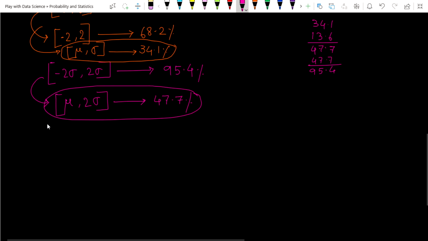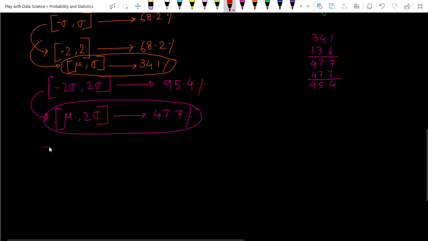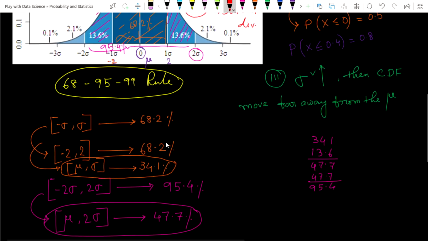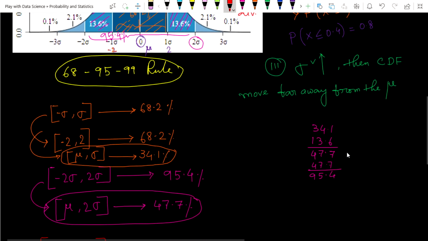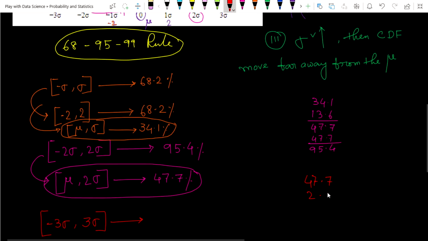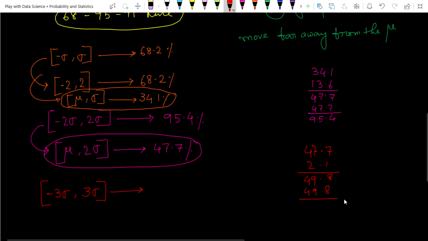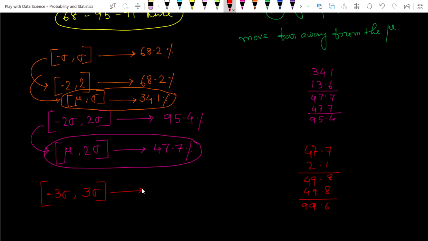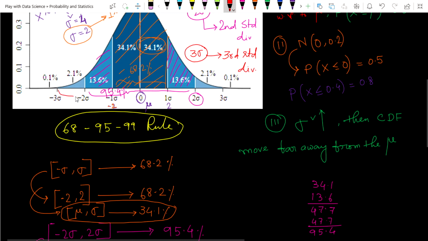Similarly, on the range of the third standard deviation, from minus 3 sigma to 3 sigma, we have about 99.7%. We add 2.1 to 47.7, which gives 49.8, and doubling that gives 99.6%. So 99.6% of the points lie in this region.